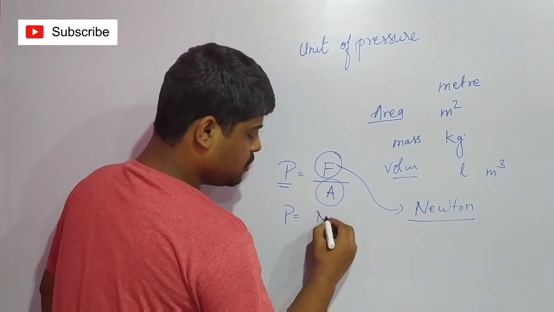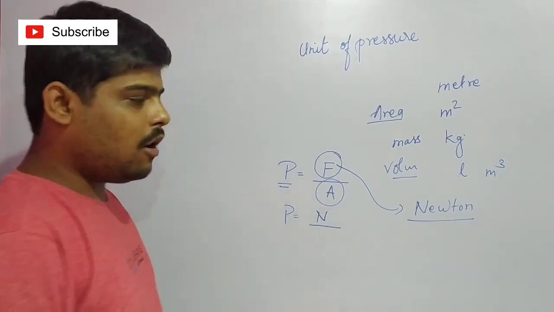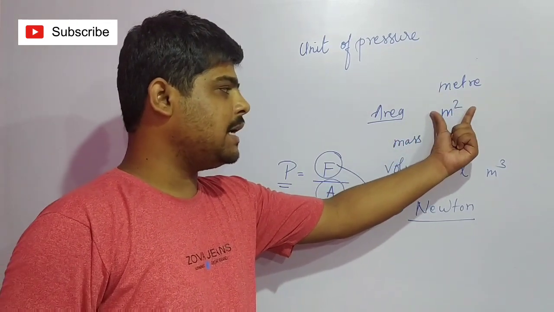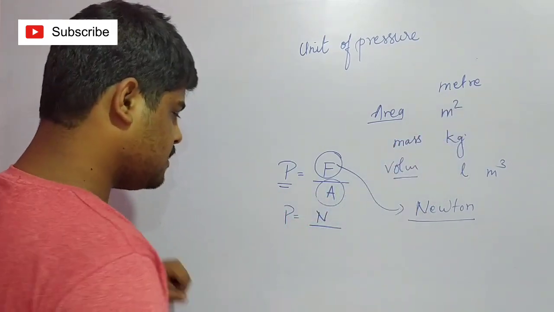So pressure is equal to, in place of force we will write Newton, and what is the SI unit of area? The SI unit of area is meter square, as we discussed.